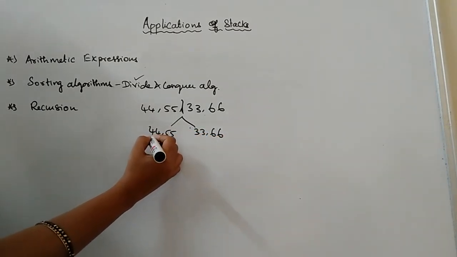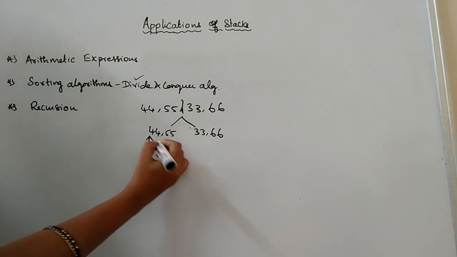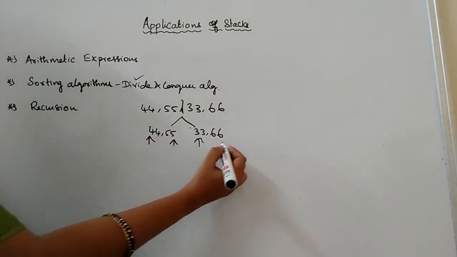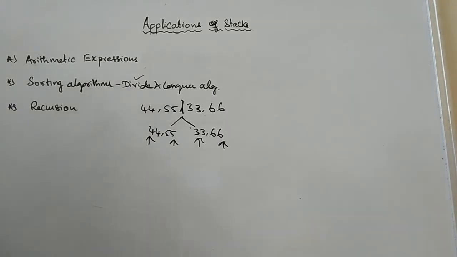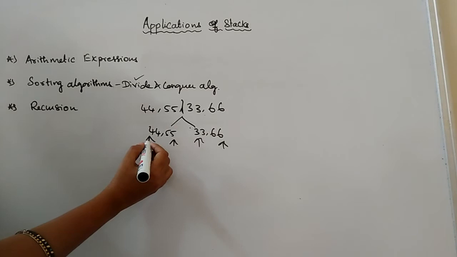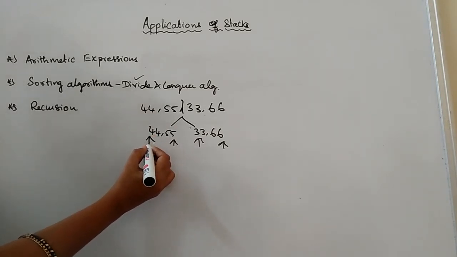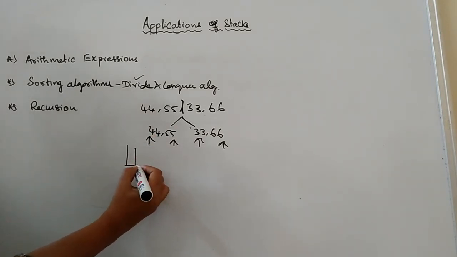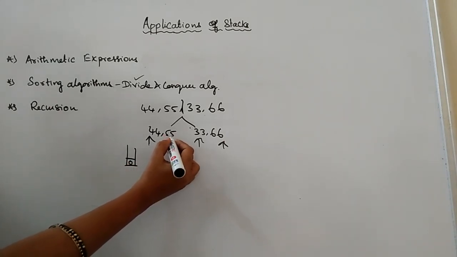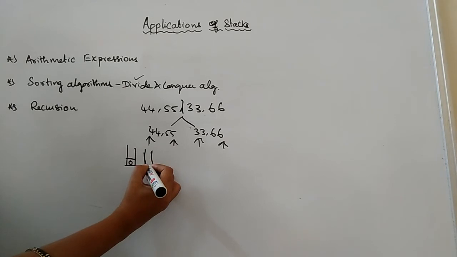In order to store the upper bound and lower bound of each subset, I am going to make use of the stack. For example, here the lower bound for this subset is 0, and the upper bound for this subset is 1.